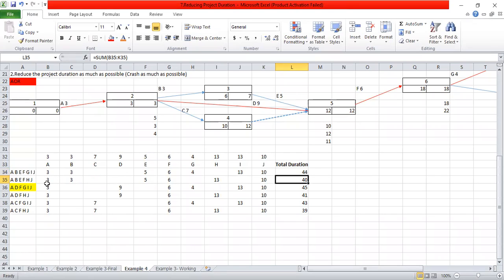For the second path, A, B, E, F, H, J. So can you all see whether all these durations are right? I will give you 1 minute. See whether my total durations are right.